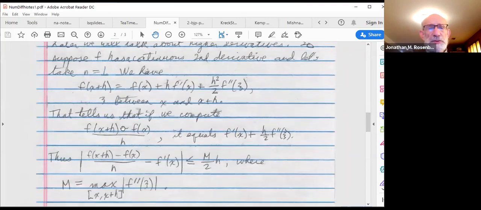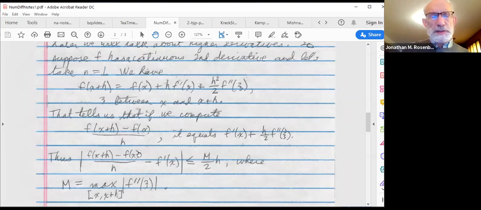So that tells you that if you take this thing and subtract f prime of x, this thing over here is the error in approximating f prime of x by this difference quotient. That error is given by this formula over here. So in particular, it's bounded by m over 2 times h, where m is the maximum value of the absolute value of the second derivative of the function on the interval you're interested in.